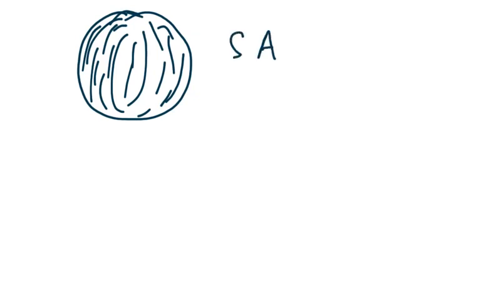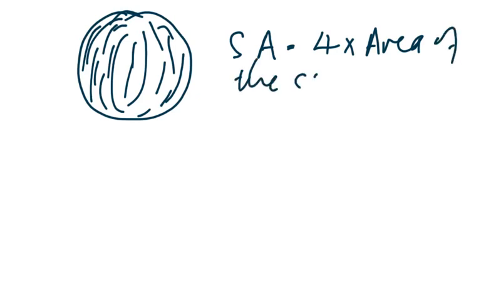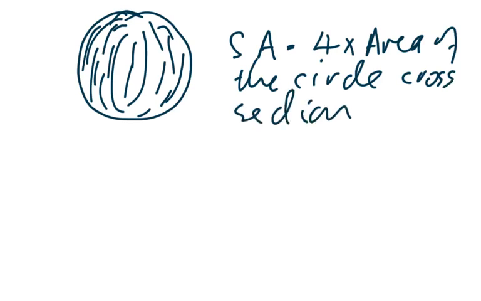Surface area is given by 4 multiplied by the area of the cross section, which is pi r squared. Okay, now what do we mean by that?